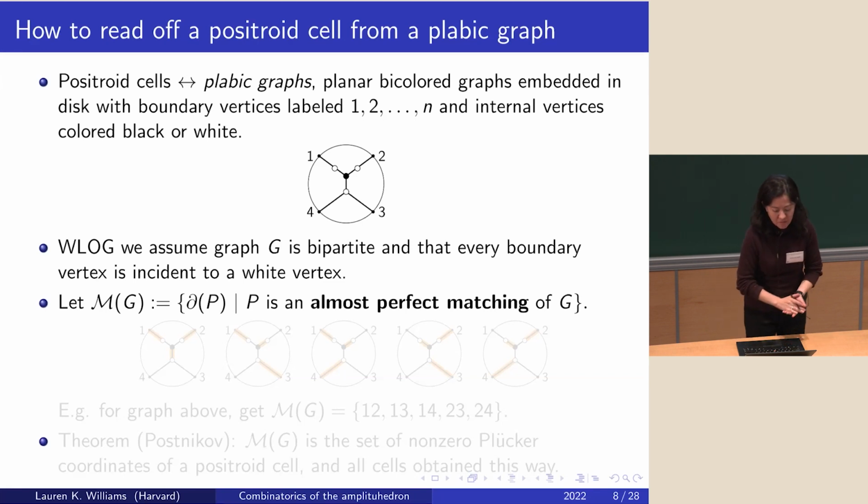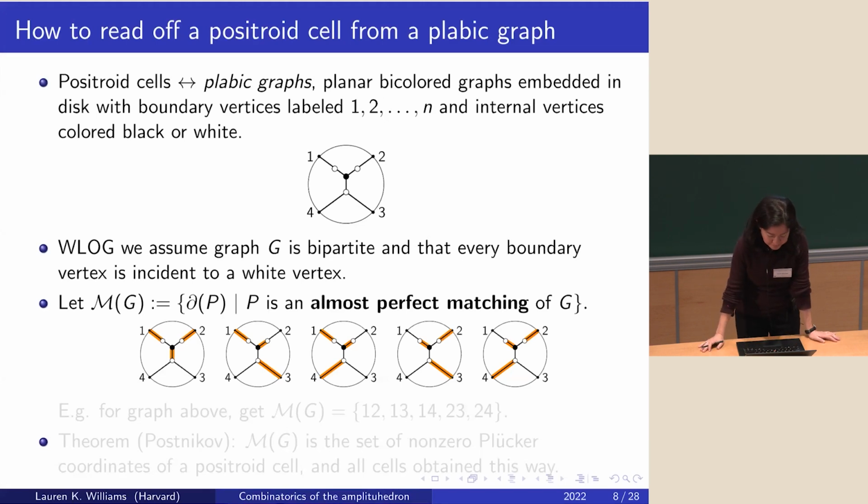So I will associate a collection of k-element subsets of 1 through n to a graph as follows. I'm going to look at almost perfect matchings of G. So what is an almost perfect matching of G? It's going to be a subset of edges such that every interior vertex touches exactly one of my edges.